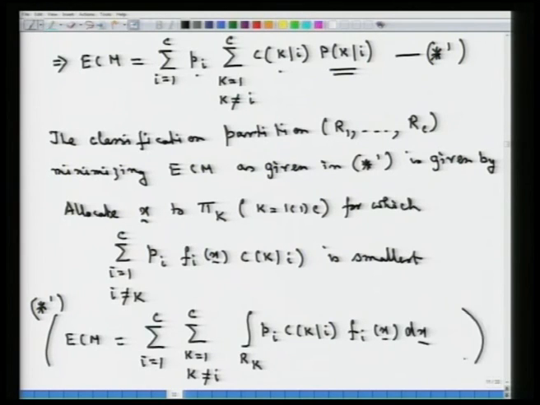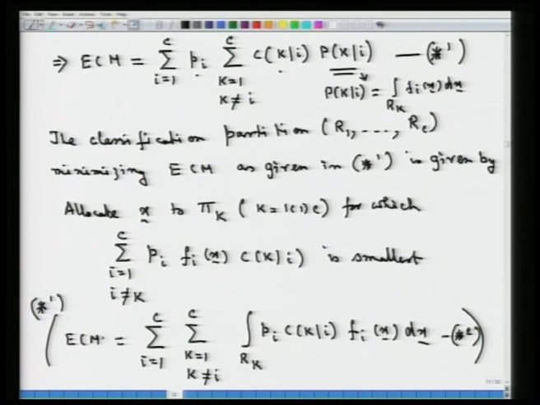So, this is an alternate expression of star 1 in terms of breaking up this particular term p(k|i), because this p(k|i) here, as we have noted earlier, is the integral over the region R_k of f_i(x) dx, and hence this star 1 expression is going to be given by this.